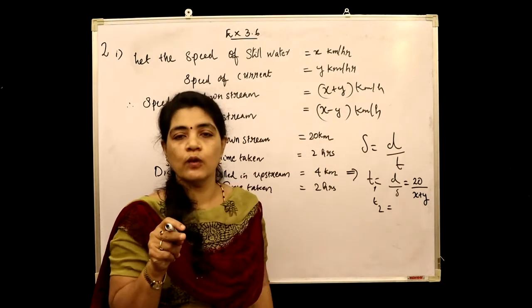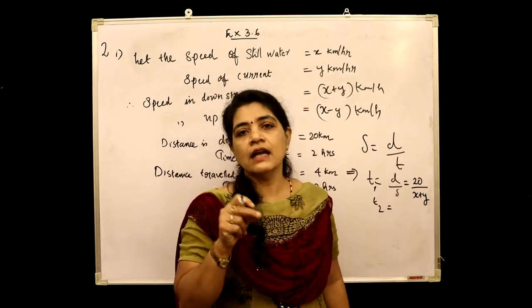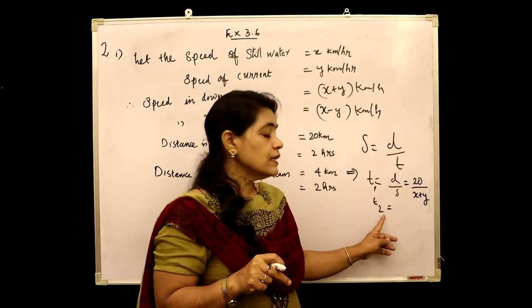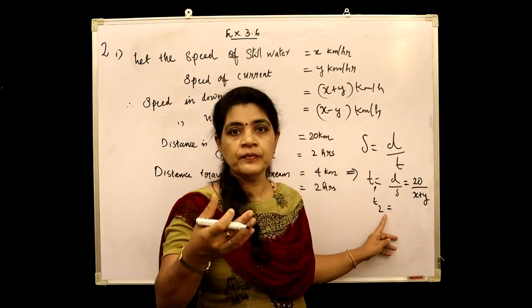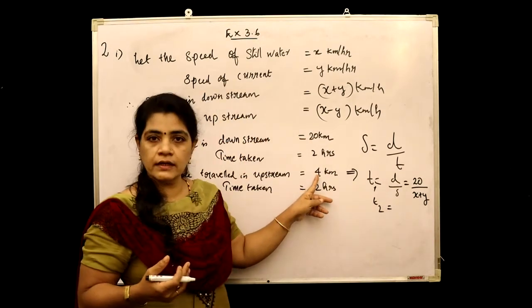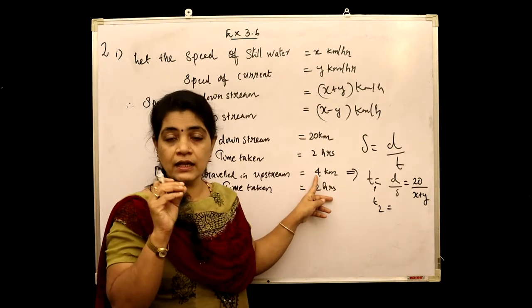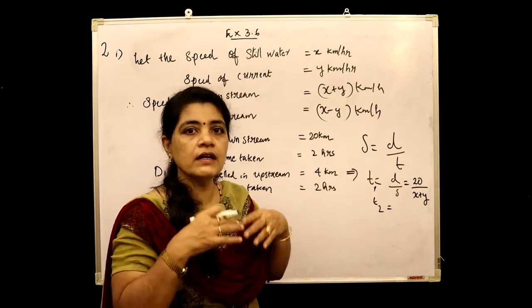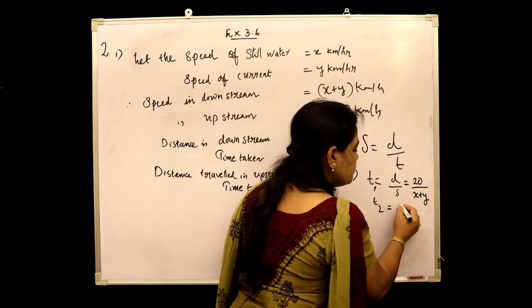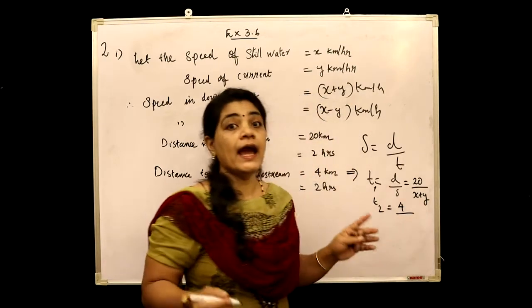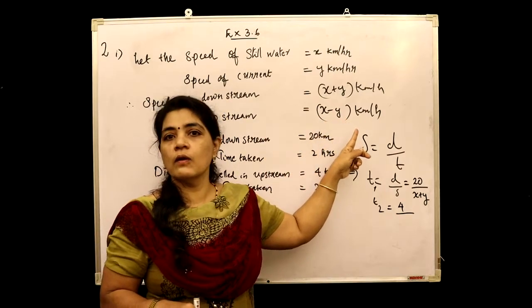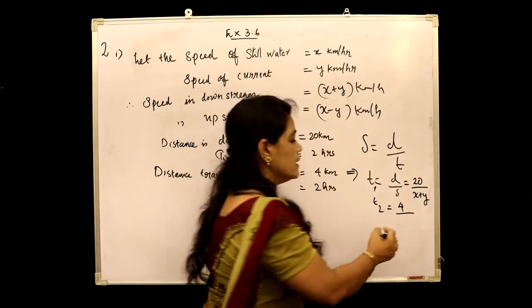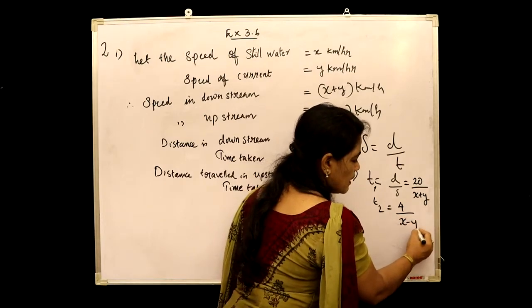But in T2, the time taken in the second case, that is upstream, the distance travelled in upstream is 4, divided by its speed in upstream, that is x minus y kilometer per hour, so here comes x minus y.